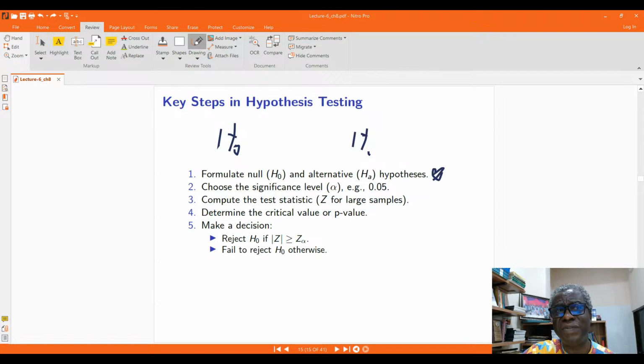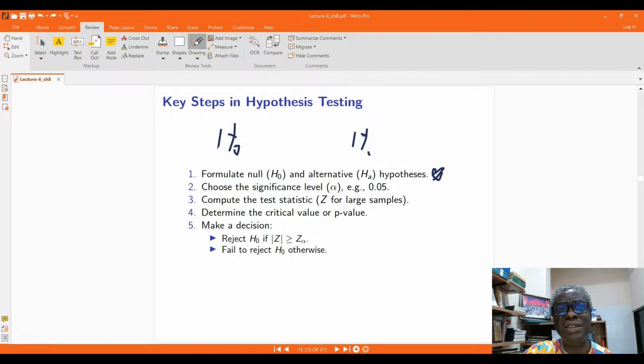The critical value or the p-value only helps you to arrive at a decision regarding your null hypothesis. So you have to determine those values before you can take a decision regarding your null hypothesis.